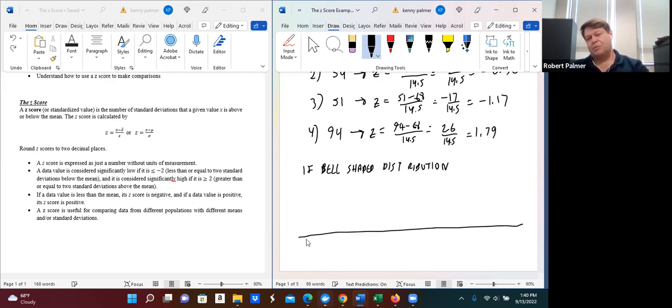I'm sorry, let me try that one more time. I'm just drawing with this pen, it's a little difficult. So here in the middle is our mean. This is 68.